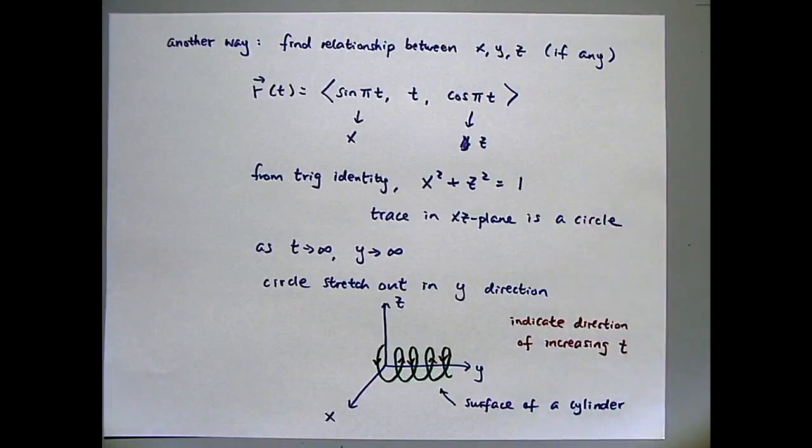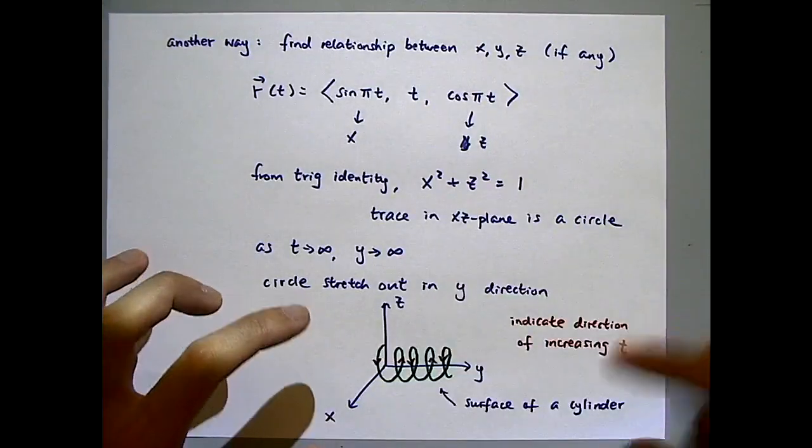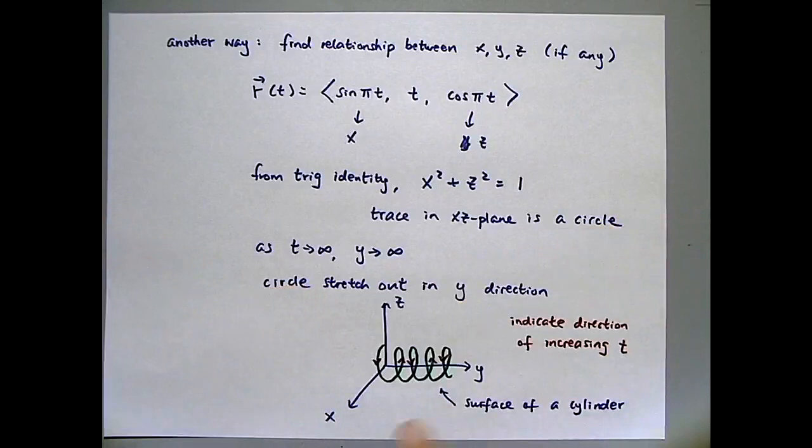Imagine there's a cylinder growing in the y direction. And then on that surface, that's where this green curve will be. Questions?